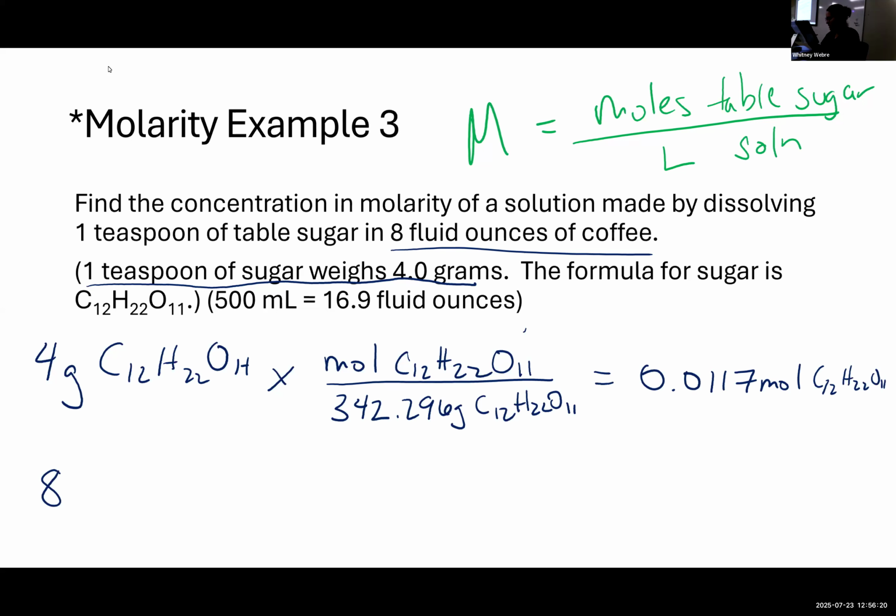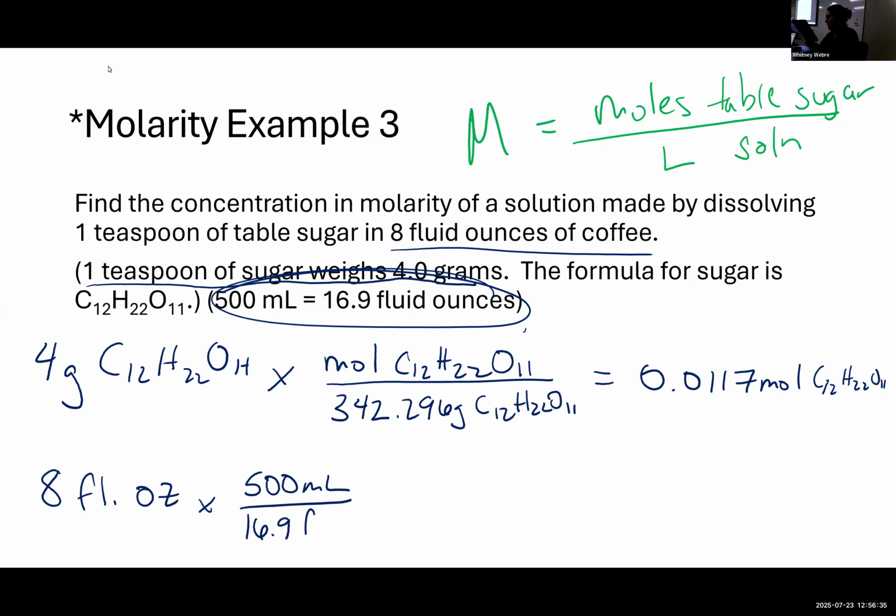If I have 8 fluid ounces, and I'm just using abbreviations because I'm lazy and do not want to write it out, you're welcome to. Using this conversion, I can put 500 milliliters on top and 16.9 fluid ounces on the bottom. That way those units will cancel and I'm left with milliliters.